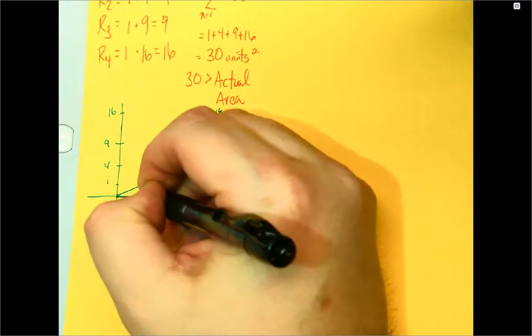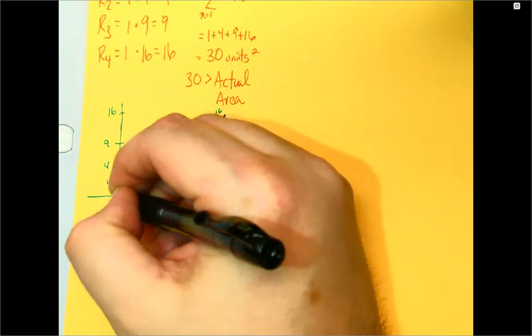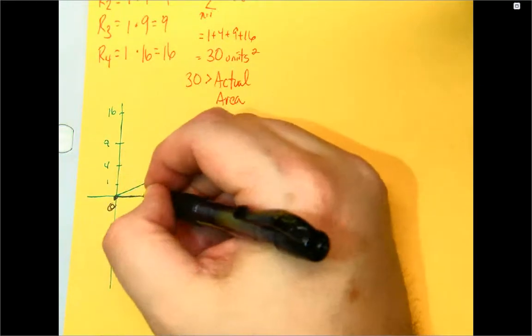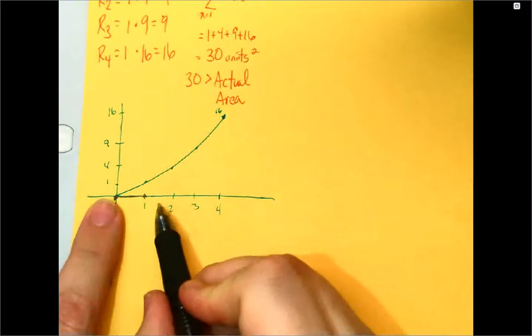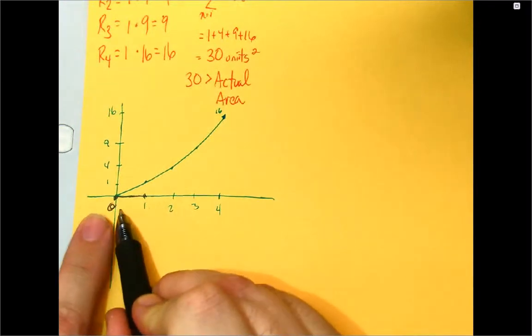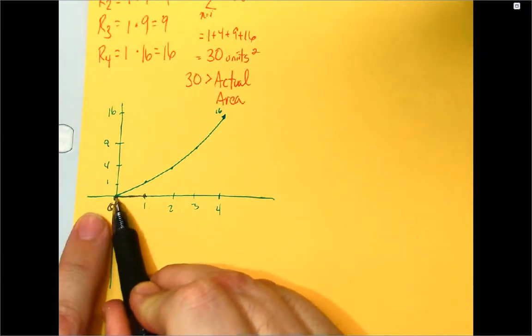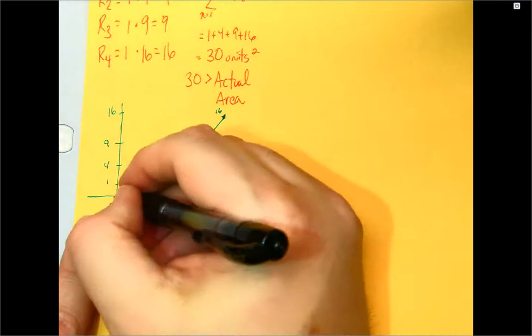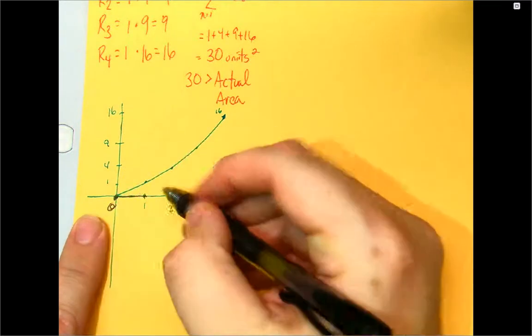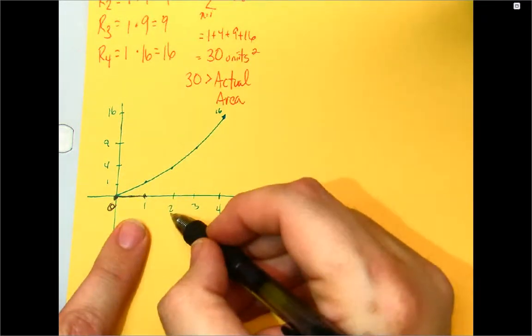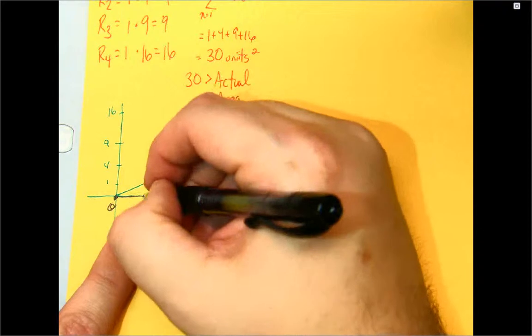From here to here, which one's the left? 0's the left. So I'm going to use that one to draw my rectangle. And there's that rectangle. Now from 1 to 2, which one's the left? 1. So I'll use 1, I'll move up, and then I'll draw the rectangle like that.